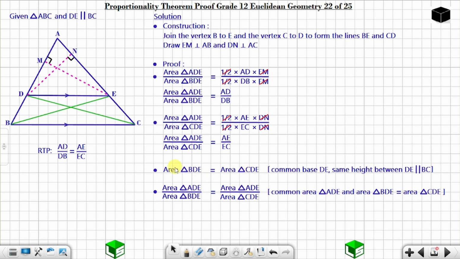This is proven, you can see. So therefore this is equal to this, equal to this, is equal to this. Okay, we have proved. So this is proof number 1 of 3.